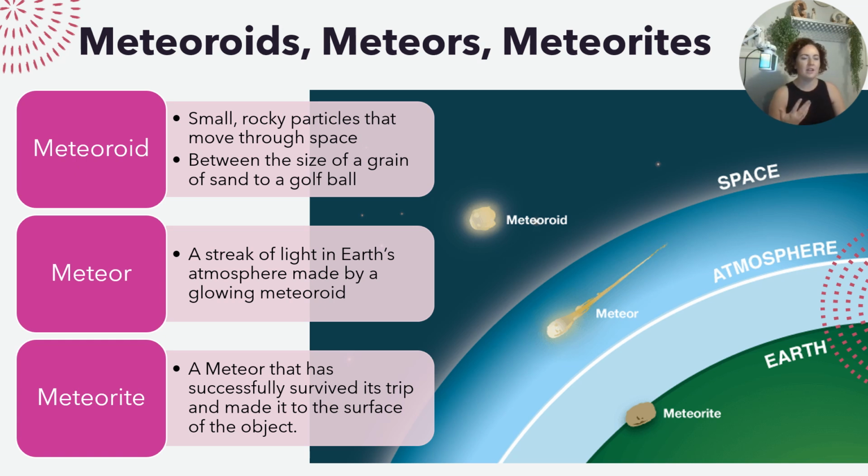But if we're just thinking for our sake, okay, a meteoroid is in space, a meteor is coming through our atmosphere, and a meteorite is when it has reached Earth's surface. Okay, so again, same thing, just different locations. So yeah, those are the 7 different objects we can find within our solar system.